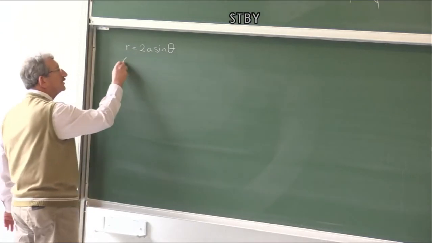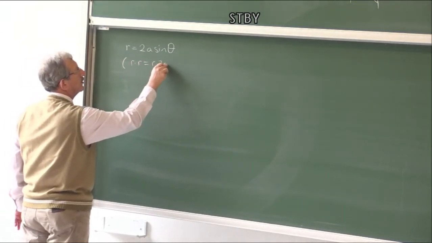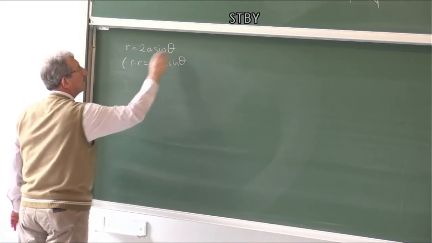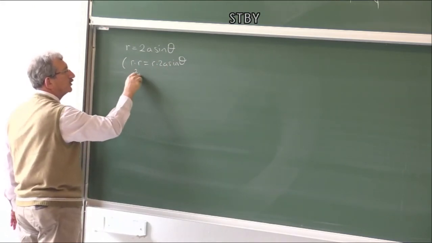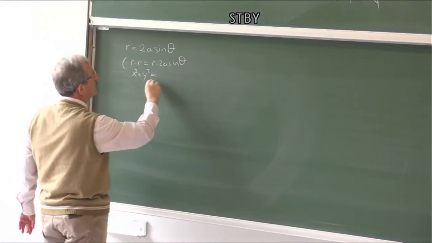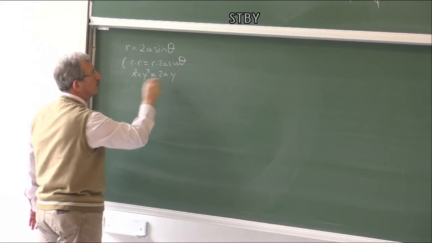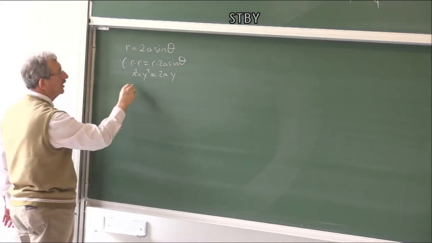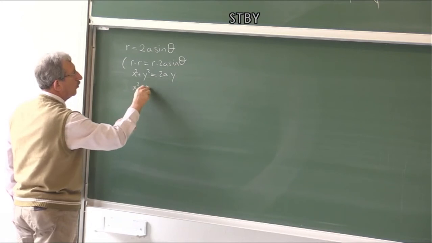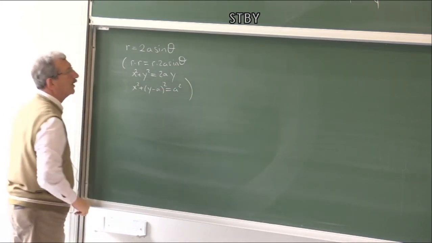Well, so let us apply the same trick. This now says we have x squared plus y squared, that's r squared, is 2a r sine theta, which is 2a y. In other words, this is now (y minus a) squared equals a squared.